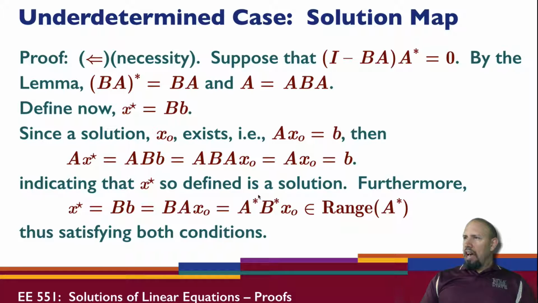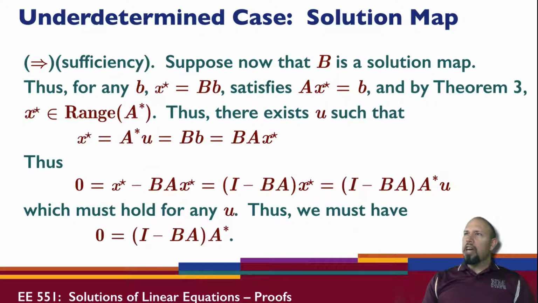So notice that I have A adjoint multiplying some vector. That means that x star must be in the range of A adjoint, because x star is equal to A adjoint multiplied by some quantity. Therefore, x star is in the range of A adjoint. And so we satisfy both conditions.